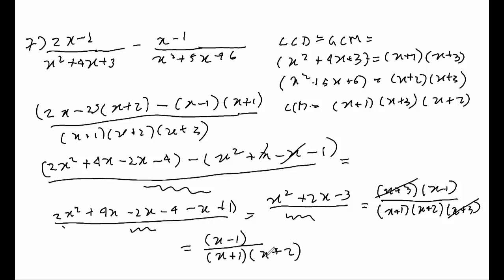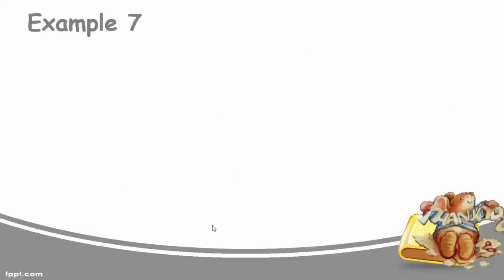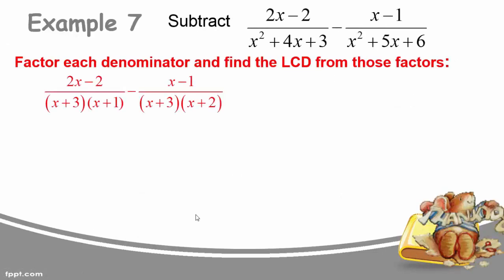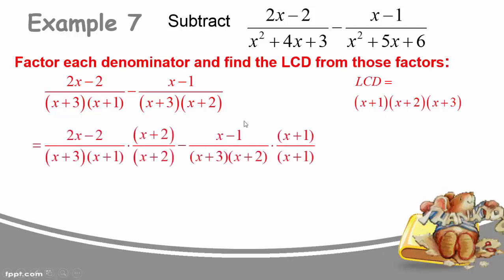So now let's look back at the PowerPoint, which is done slightly differently than I did it here, and examine the way I did it there. So here in example number 7, I work it out on the PowerPoint, and I look for the lowest common denominator, and I found the lowest common denominator is x plus 1, x plus 2, x plus 3.